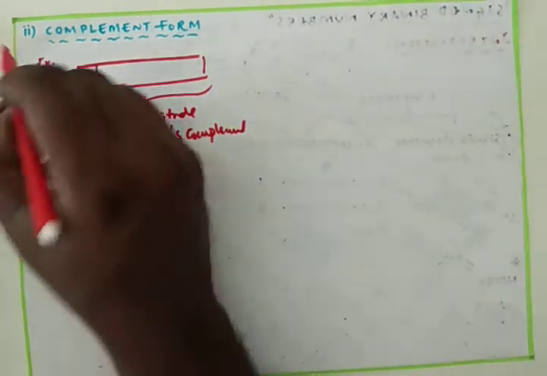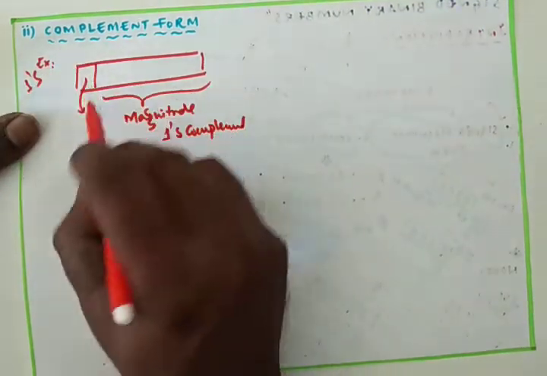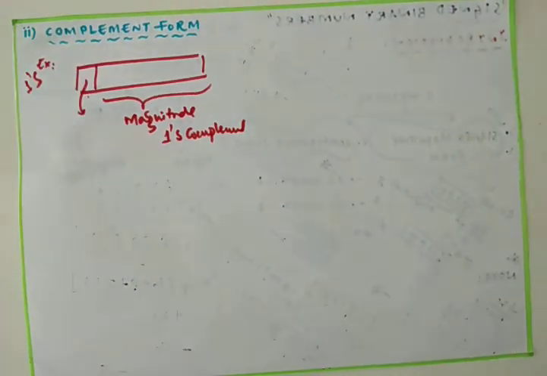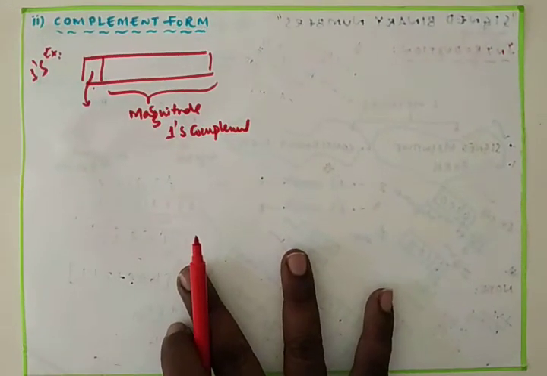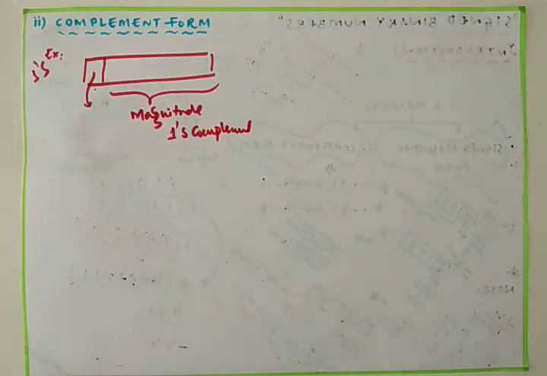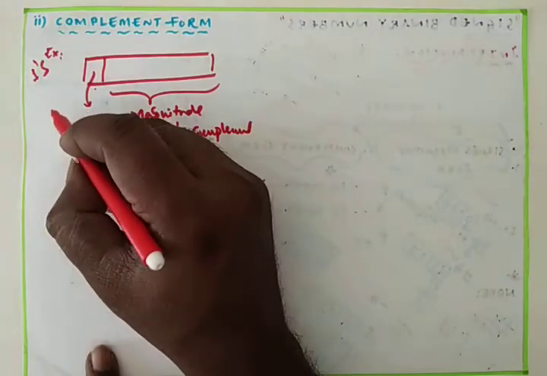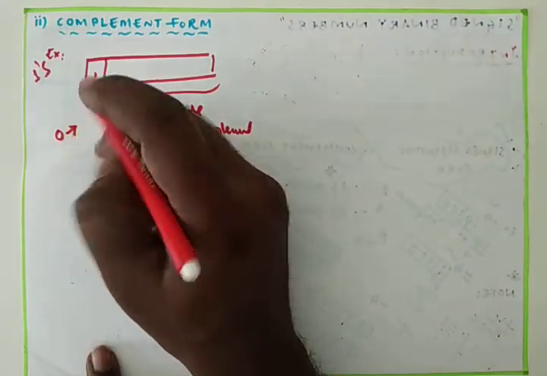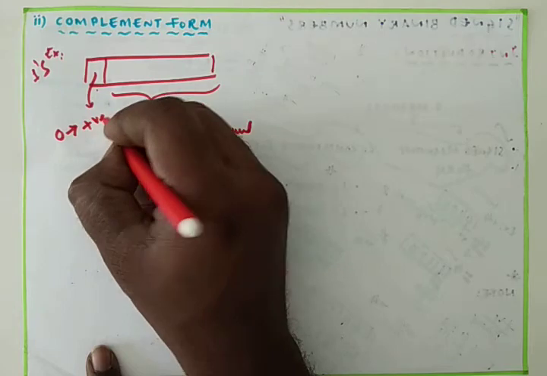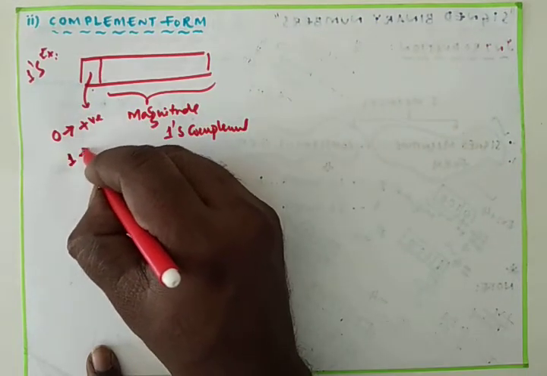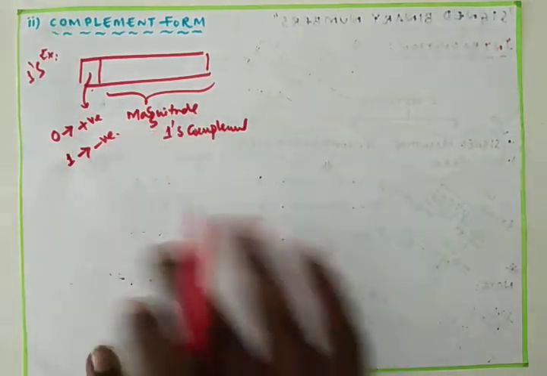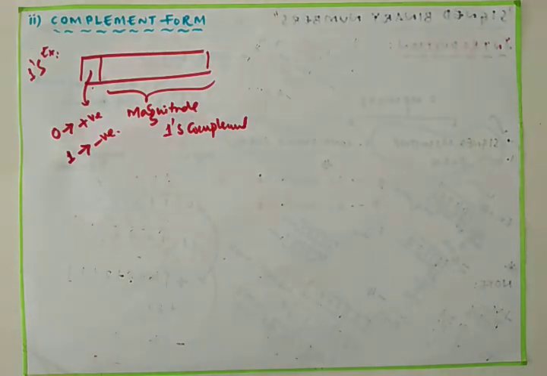In the ones complement method, the first bit obviously is the sign bit only. The remaining bits are the magnitude, but the magnitude is represented in the ones complemented form. If the sign bit is 0, the given number is positive. If the sign bit is 1, the given number is negative. So it is very similar to the sign magnitude form.